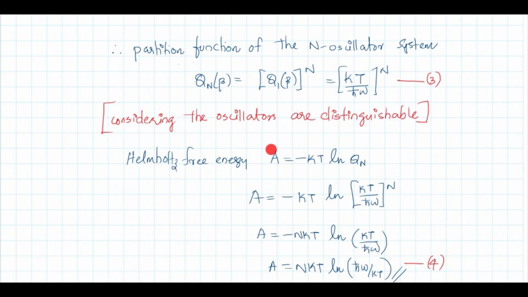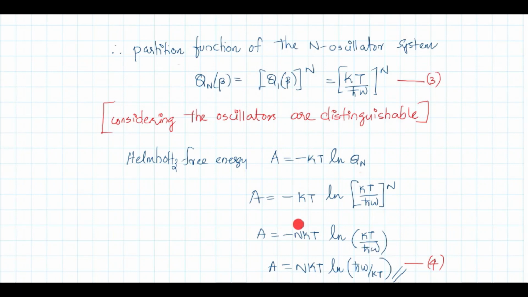Now we can calculate the different thermodynamic parameters of the system. First we will calculate the Helmholtz free energy. A is equal to minus kT log qn. Substitute for this qn. Log a raised to b is b log a. So this n will come to this side. So A is equal to minus nkT log kT by h cut omega.